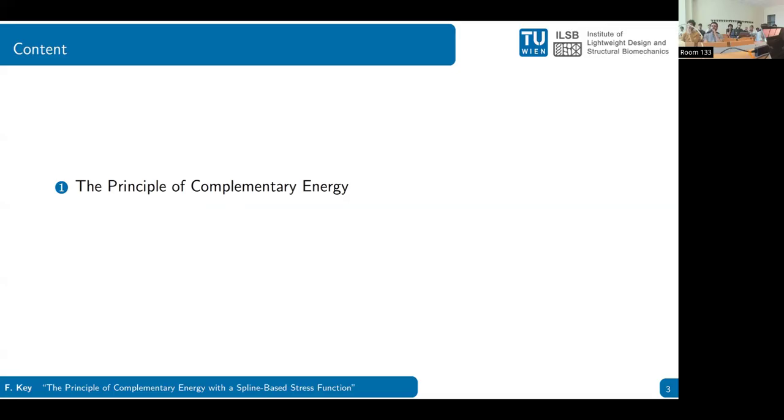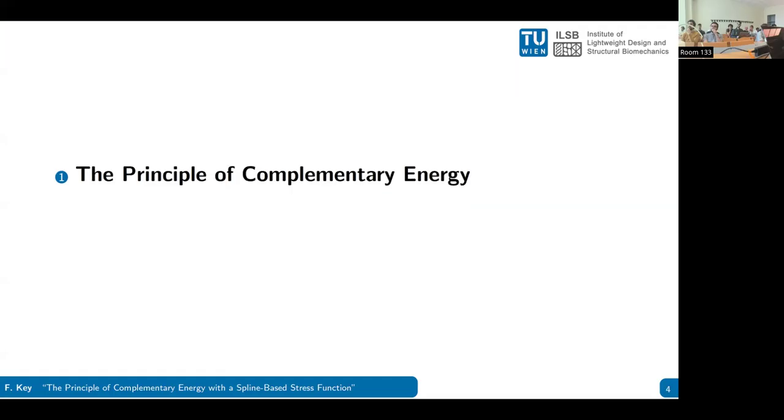Here we go into a different route. And based on that, I will present our work on the spline-based stress function. And you will see why this is a good choice. I hope that I will be able to convince you. And finally, I will present results for two problems that we investigated so far. Okay, so that's the overview. Let's get started.